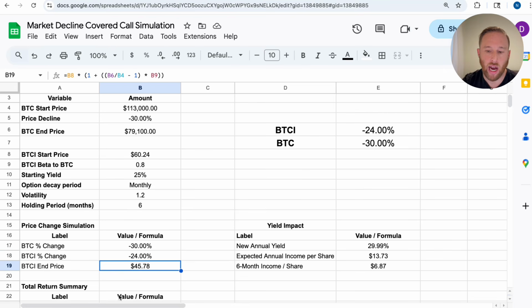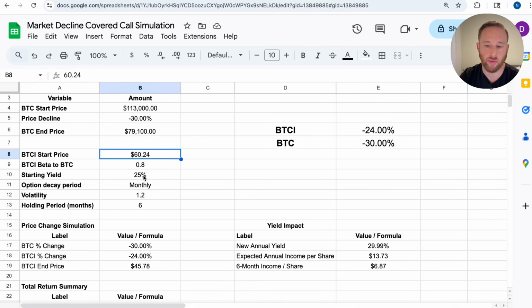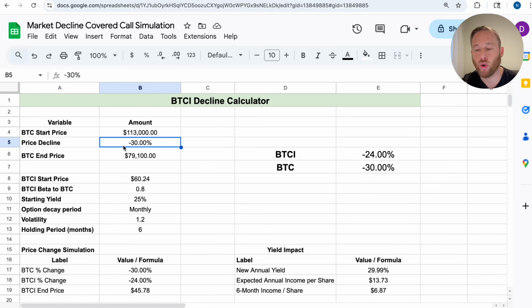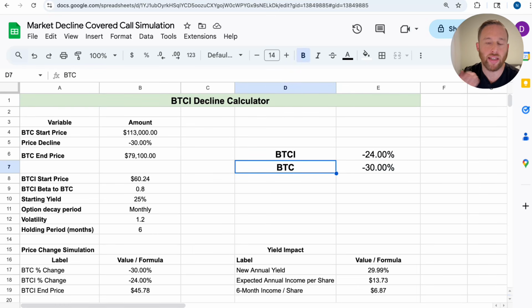So after negative 30%, BTCI is going to change negative 24% for an ending price of $45 from the initial price of 60. So when it comes to total returns, BTC will decline 30%, and generally speaking, BTCI is going to decline 24%. You're going to get that cushion blow with your income provided, right? It's not going to be a perfect correlation.